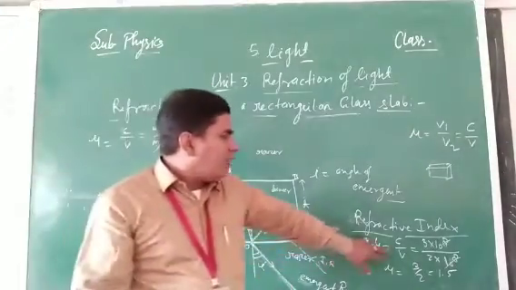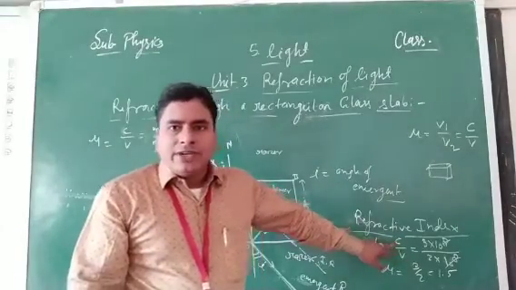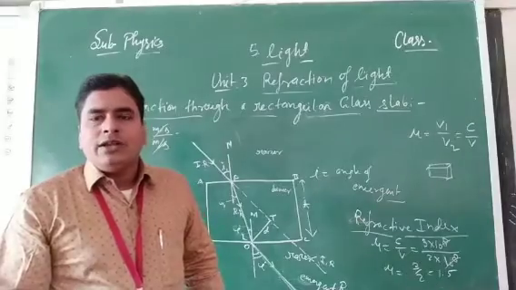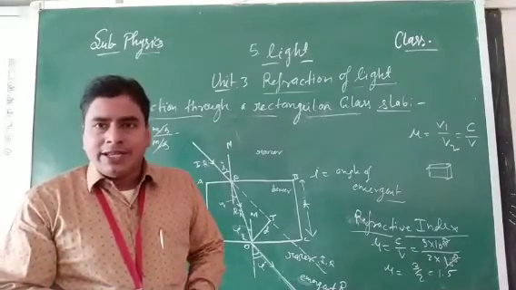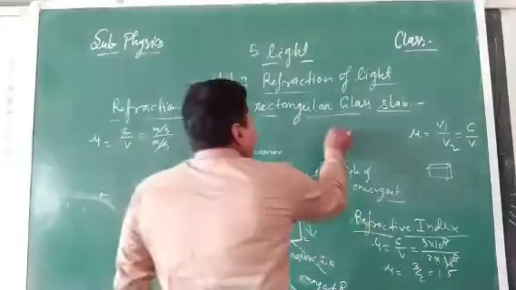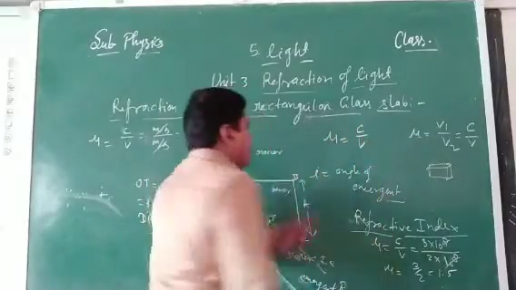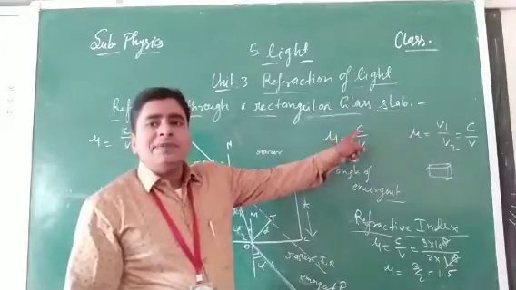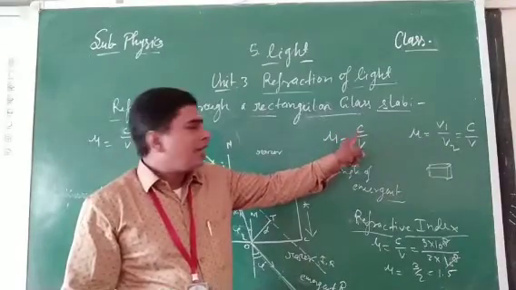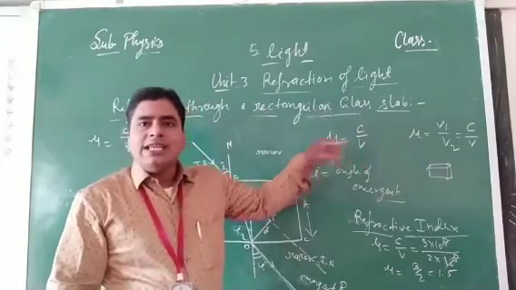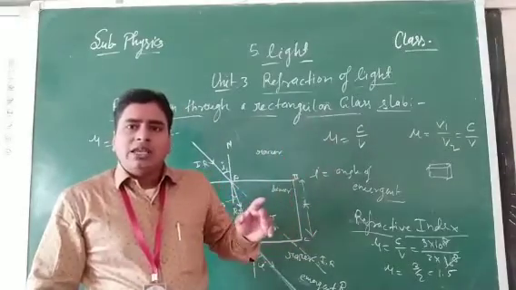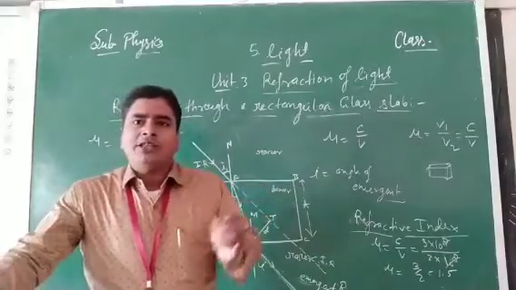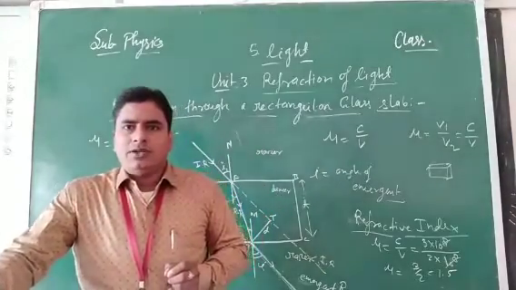Clear? So using this formula of refractive index, C by V, we can calculate the value of the refractive index. Of the three quantities, mu the refractive index, C the speed of light in vacuum or air, and V the speed of light in the given medium, if any two are given, you can find the third one.